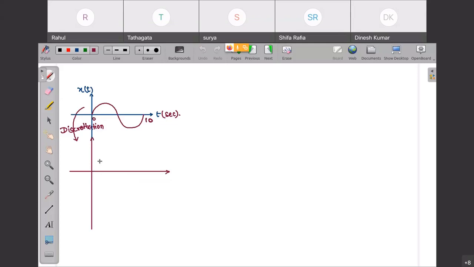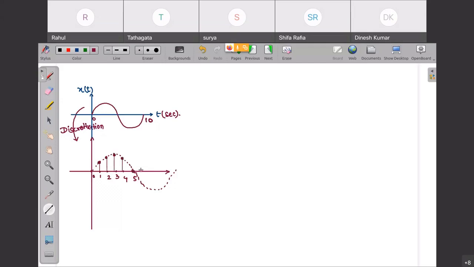Rather, I want it defined at integer values of time, like at 0, at 1 second, at 2 seconds, at 3 seconds, at 4 seconds, at 5 seconds, something like this. My diagram is not that proper, but basically I want specific samples at integer values of time.